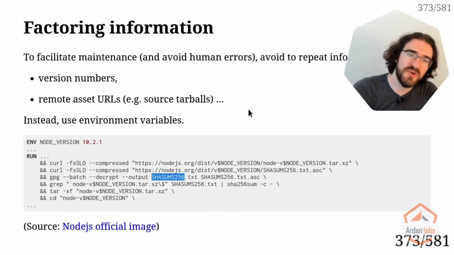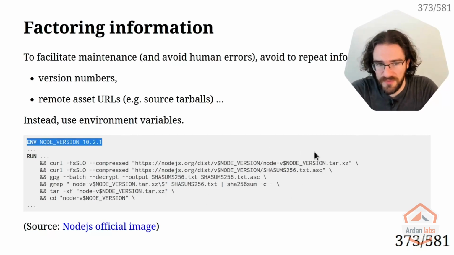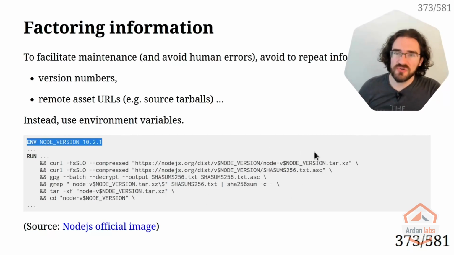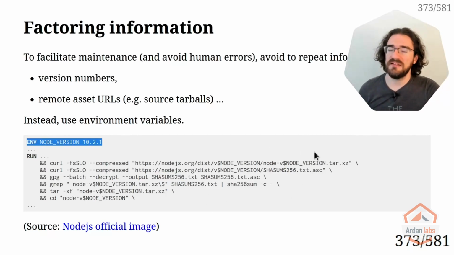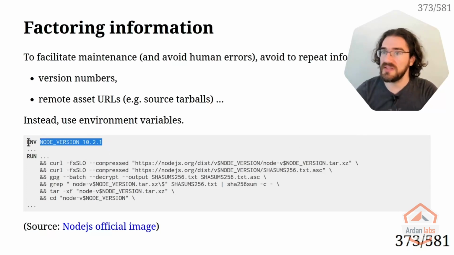Or option 2, I just put that in a variable and I use the variable. Strongly recommend that you use the variable because it makes the maintenance of your Docker files much easier. And as a side benefit, if you inspect the image, you will see the Node version in an environment variable, so it gives you extra information about the image.